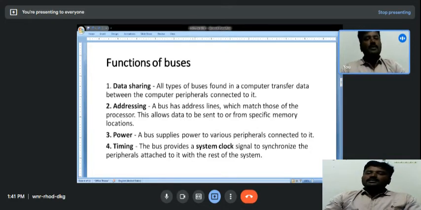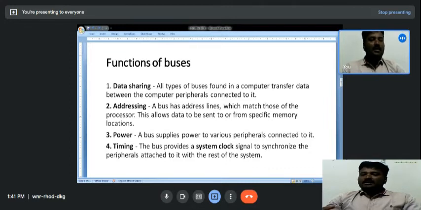Next is addressing. The direct example is the address bus, which has address lines. As we know, microprocessors have address lines, which we can specify as AD0, AD1, and so on, in terms of powers of 2. Likewise, the bus has address lines which match those of the processor.